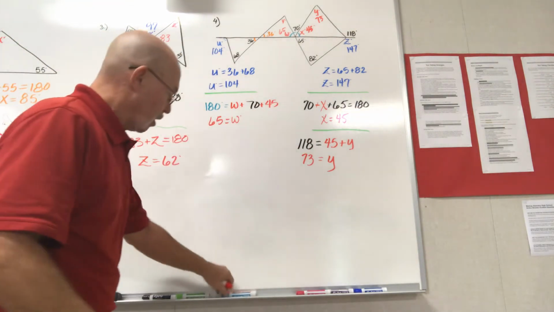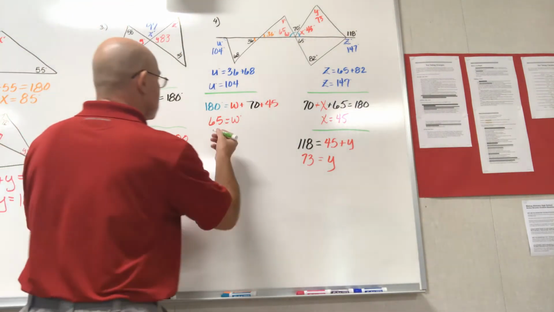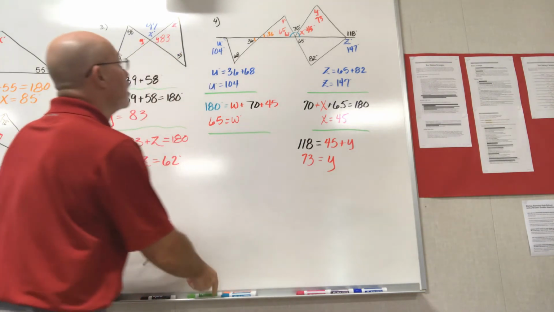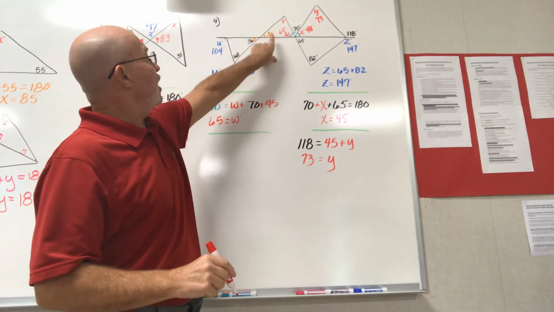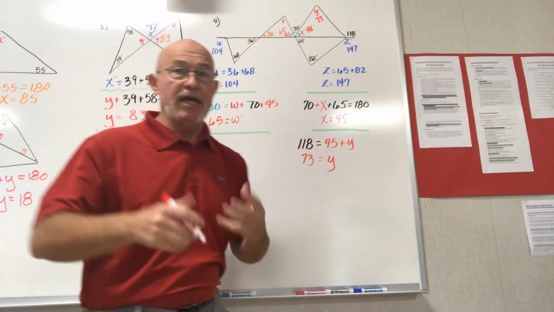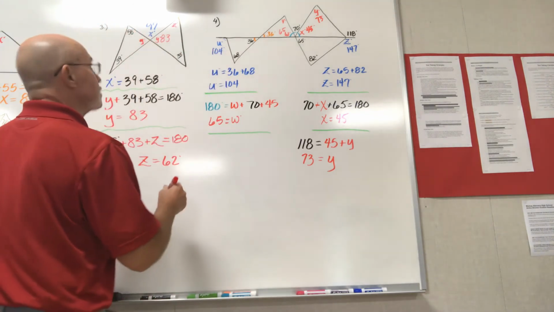Okay, I'm on to my last variable. V, I've got 36, 65, and V. Those are going to add up to 180.